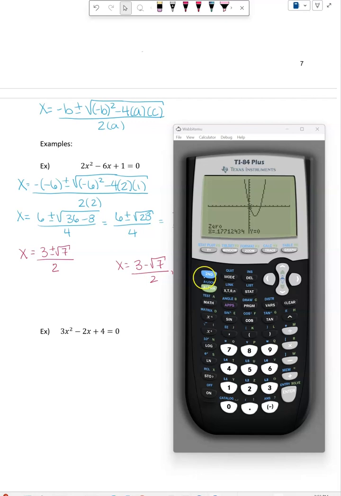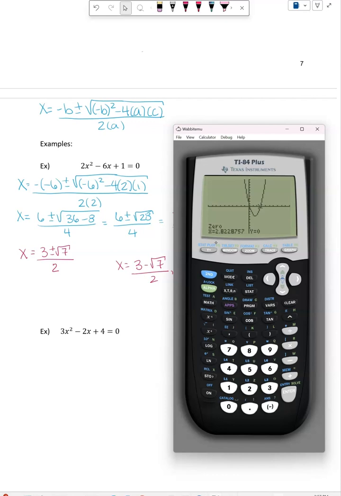And then if we were to do the same thing, so second trace, go down to 0 and hit enter. Now let's do the second one. So we're going to, let's do here. And then we want to go above it so we can see what that 0 is. Hit enter. And then it asks if we want it to guess, and we're going to say yes. And that's 2.822. Okay, so that's what it gives us for both of those.